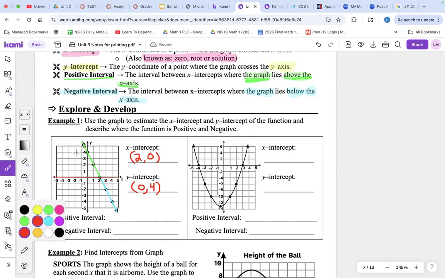Top is the y, and it is positive infinity. The bottom is negative infinity. And on our x, this is negative infinity on our left, and this is positive infinity on our right.